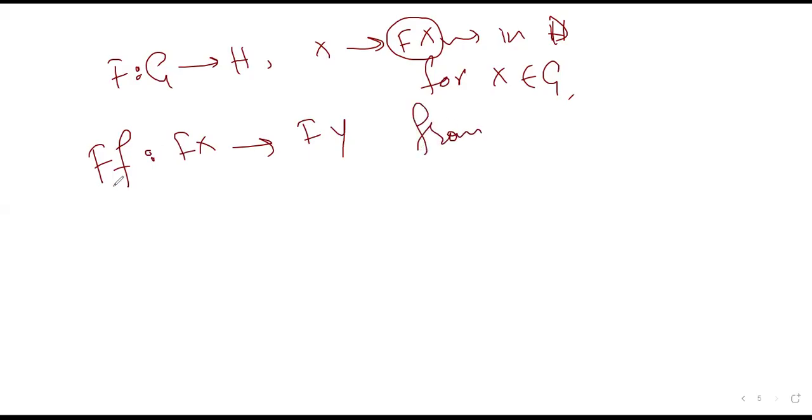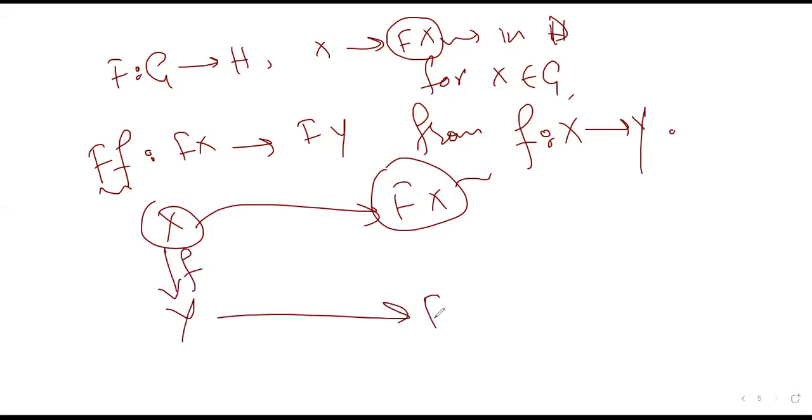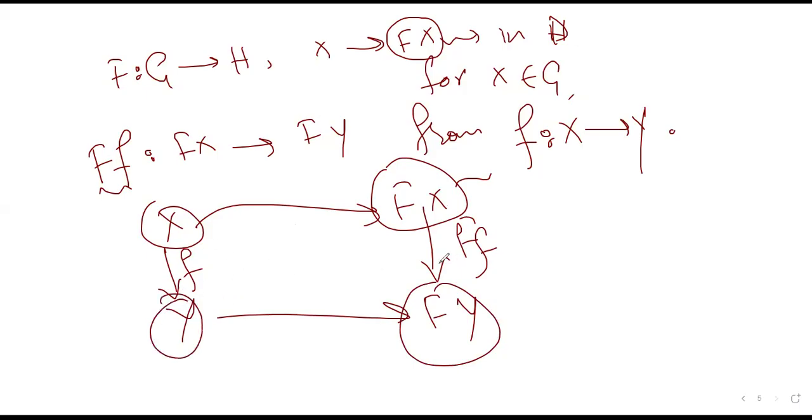The functor sends every object to an object in another category and every morphism to a morphism between the images of the previous objects.